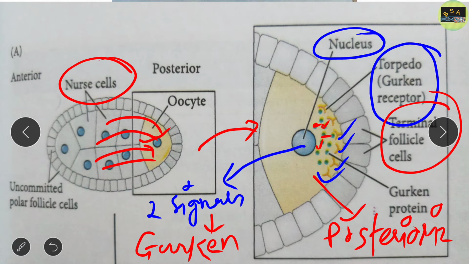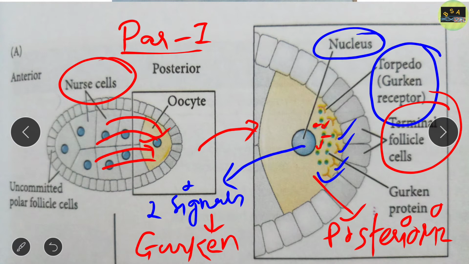Now the posterior follicle cell then sends a signal back into the oocyte, and the signal, a lipid kinase, therefore recruits the PAR1 protein. Recruits what? PAR1 protein. And this PAR1 protein is basically present in the posterior edge of the oocyte cytoplasm.